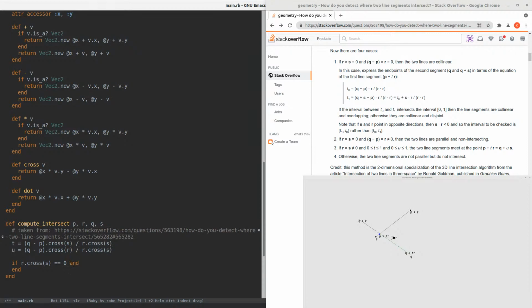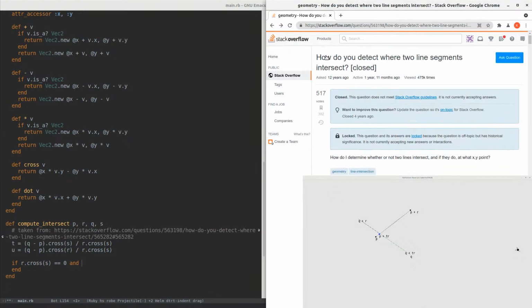So basically, at this point, we have just implemented a rocket ship that flies around, uses a point mass, and has velocities. And we have just gone through the math behind the vector version of the intersection between two line segments.